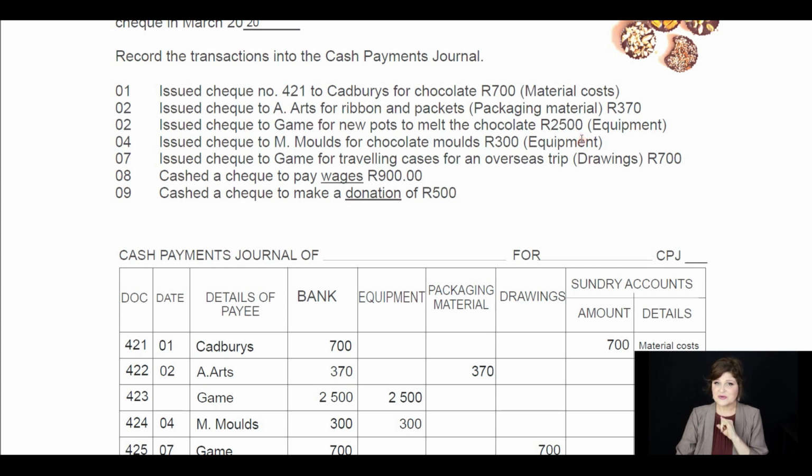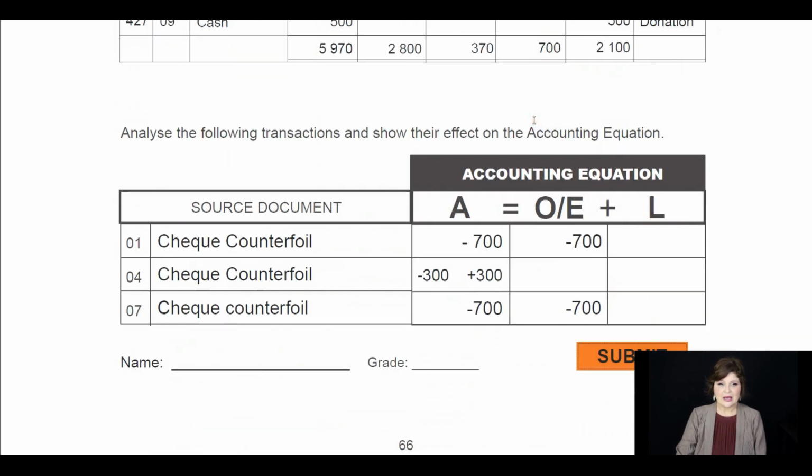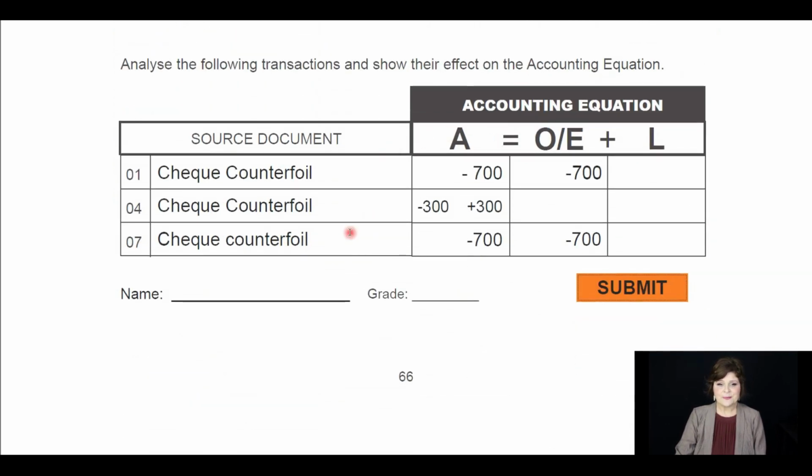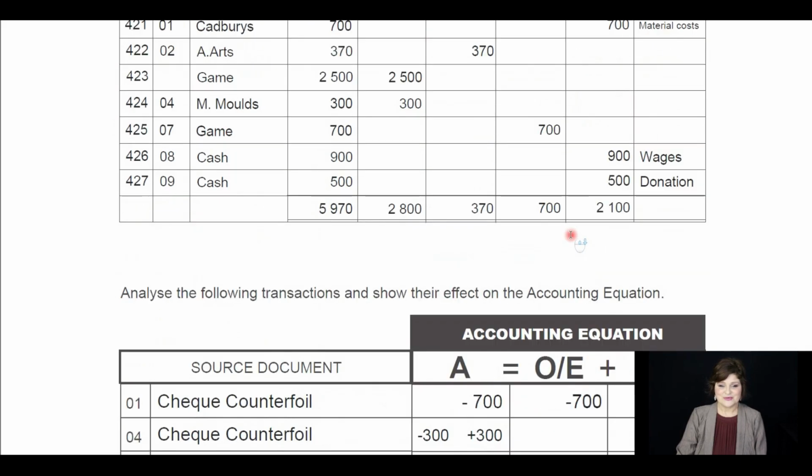The other owner's equity account is capital. All right, so how are we going to analyze this transaction? We're going to say bank, which is an asset, decreased by 700 Rand, and drawings, which is an owner's equity account, always decreases owner's equity. All right. I just wanted to check. Yes, it was 700 Rand.